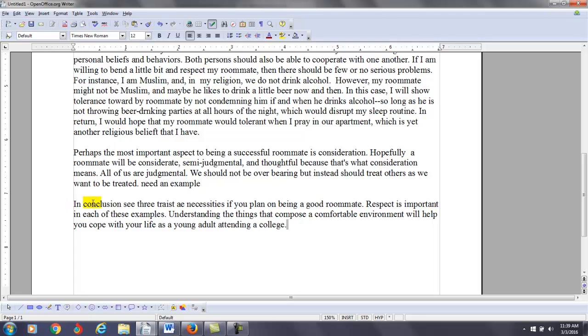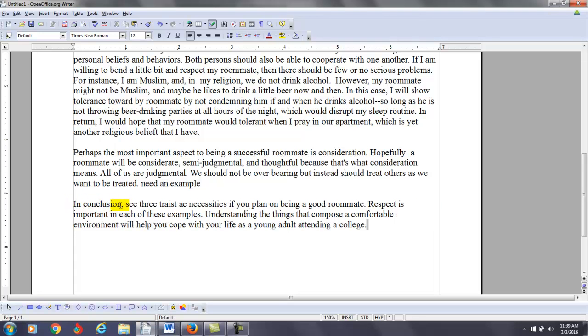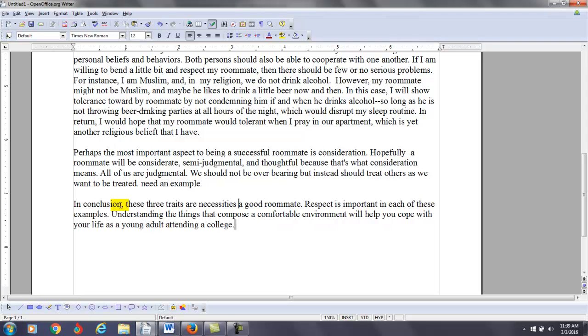So then you have, in conclusion, you want to say these three traits are necessities for being a good roommate. Respect is important in each of these examples. Understanding the things that compose a comfortable environment will help you cope with your life.